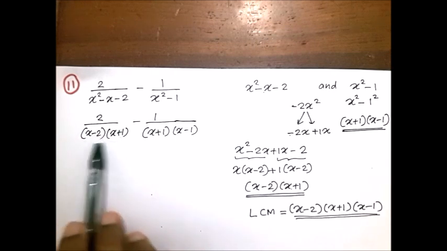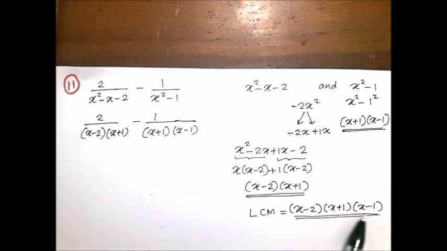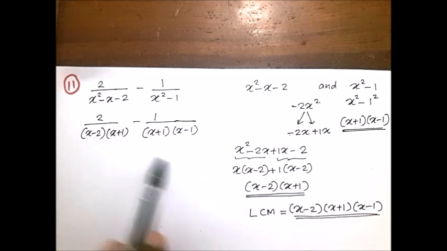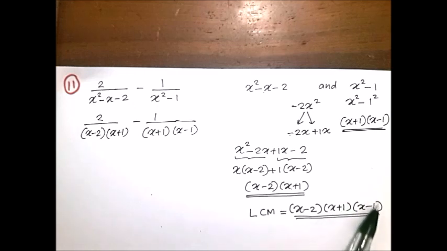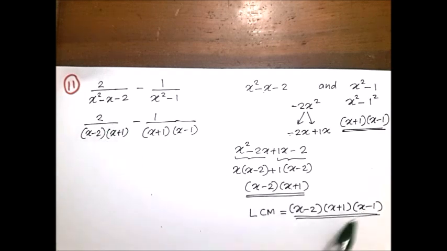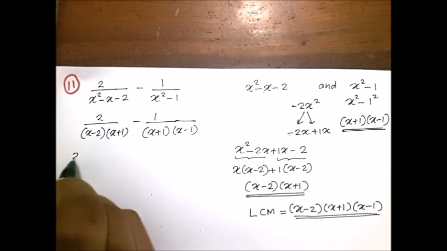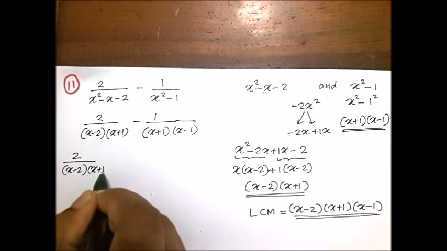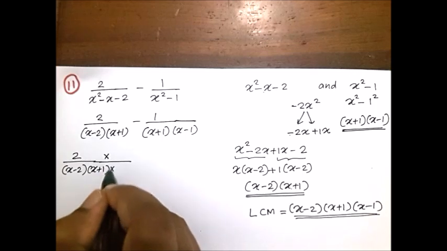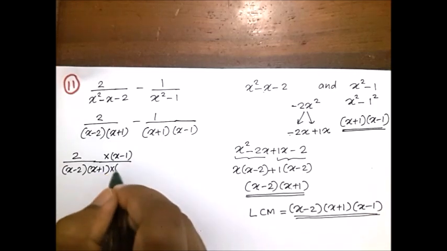If you convert this denominator into this one, what is the extra term here? (x - 2) here, (x + 1) here. The extra term is (x - 1). So you have to multiply both numerator and denominator by (x - 1). 2 over (x - 2)(x + 1), then multiply this by (x - 1).